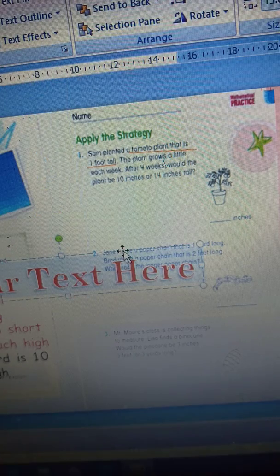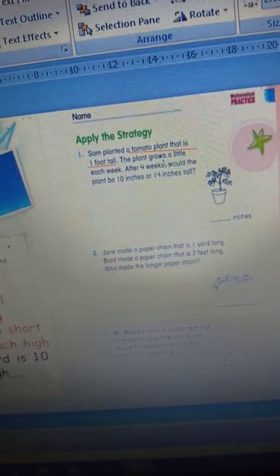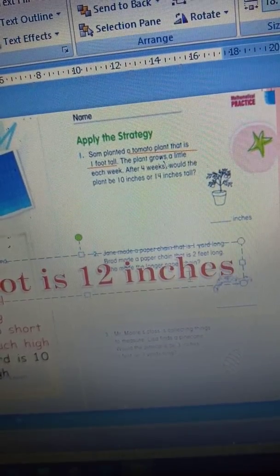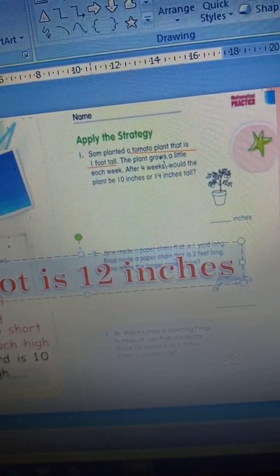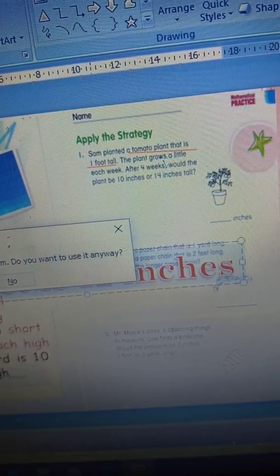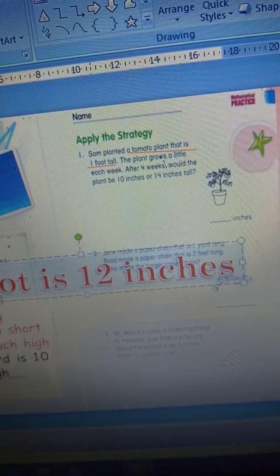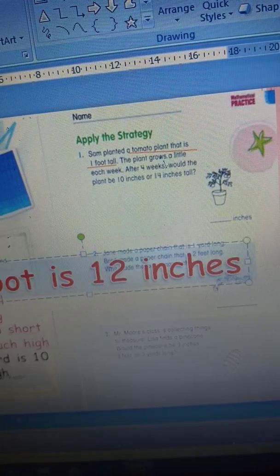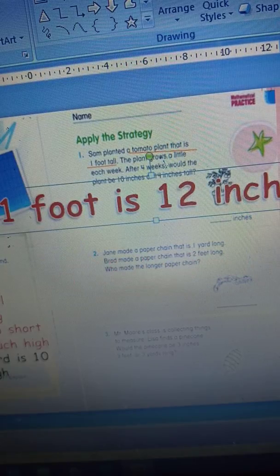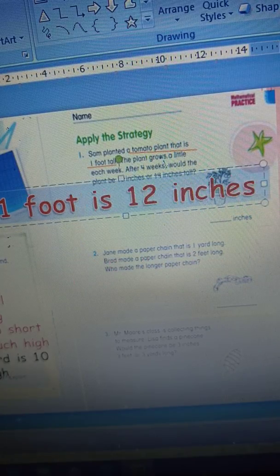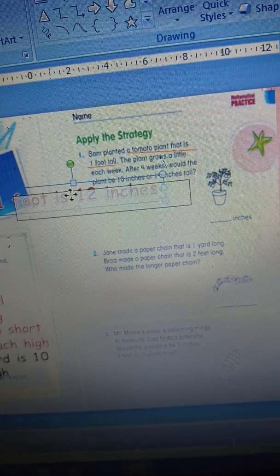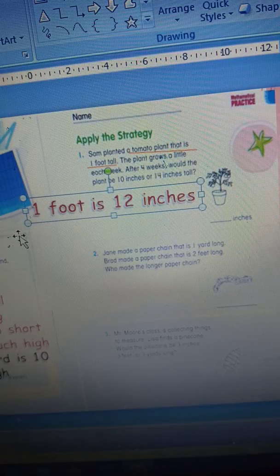So, we will write here, 1 foot is 12 inches. So the plant is already 12 inches. The plant Sam planted is already 12 inches.